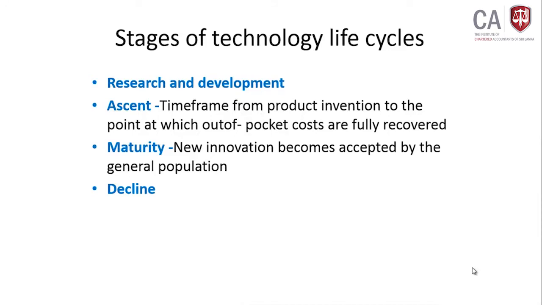Then, you go into the maturity level, that is, a new innovation becomes accepted by the general public. The new innovation that you have done will be accepted by the public.